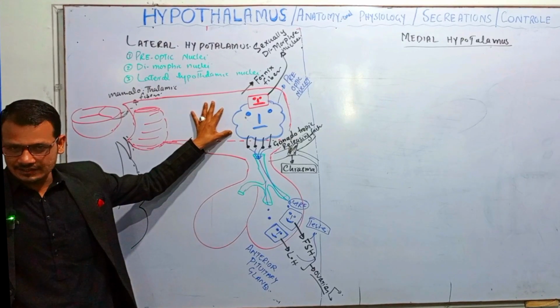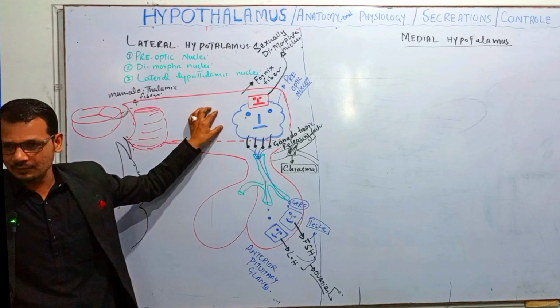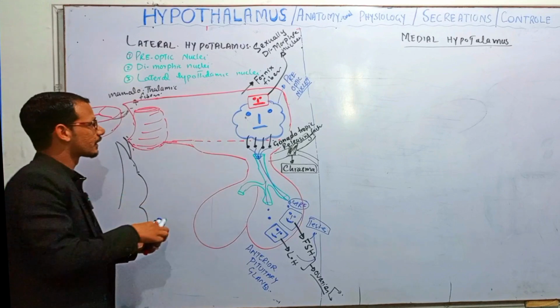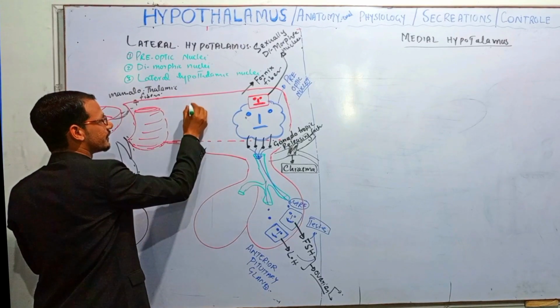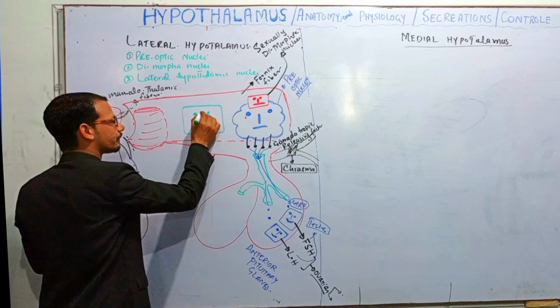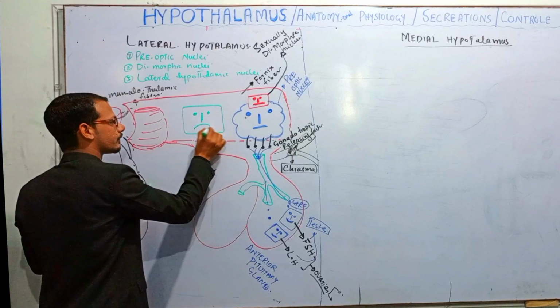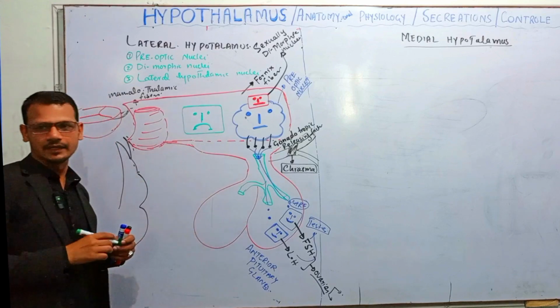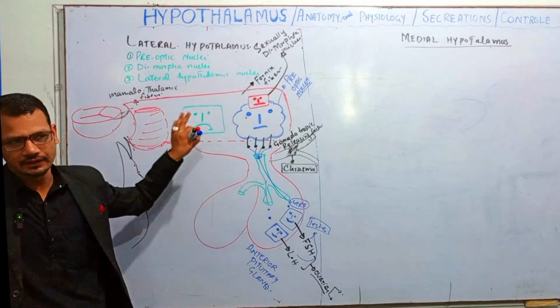the next nuclei which is present in the lateral hypothalamus is present here, and this is a very sad nuclei, right?